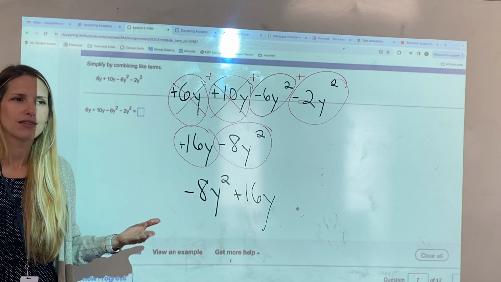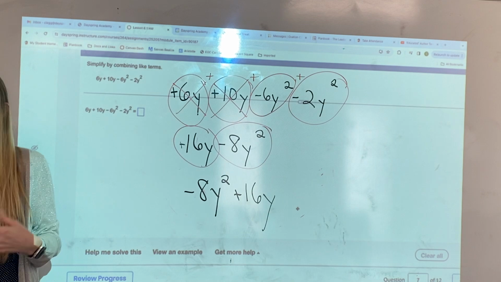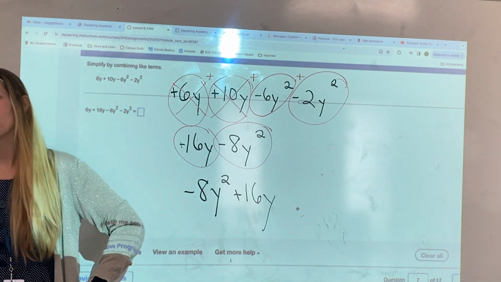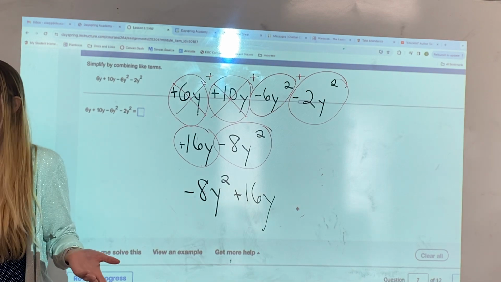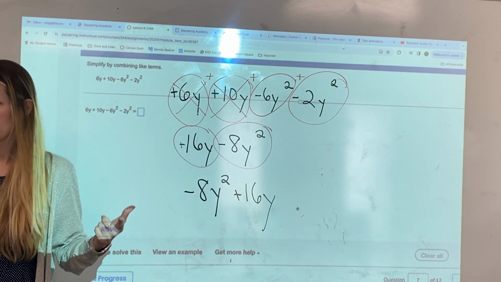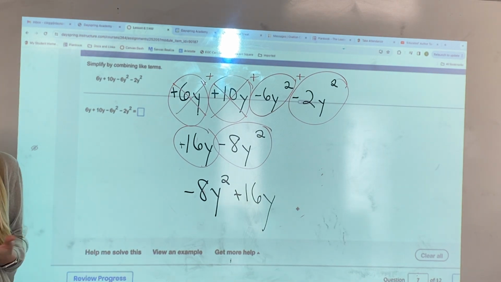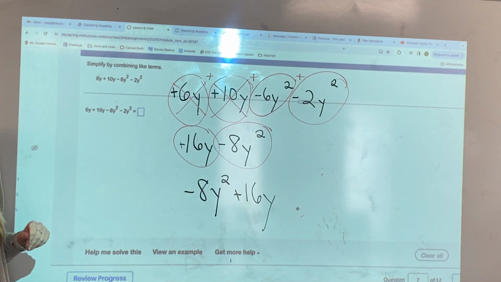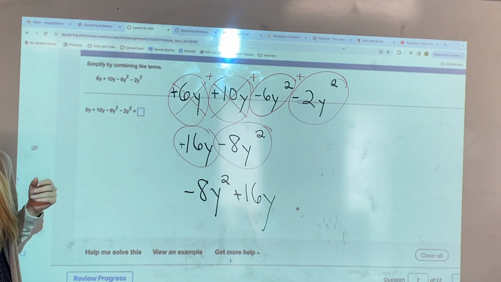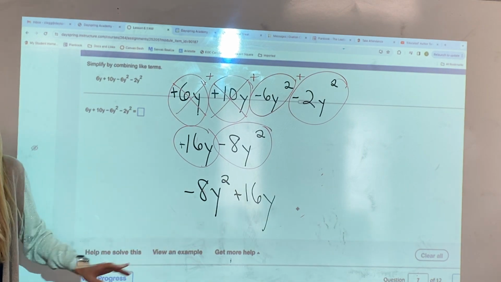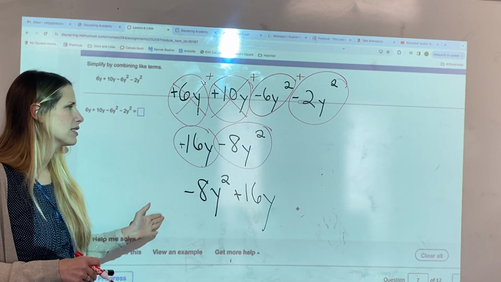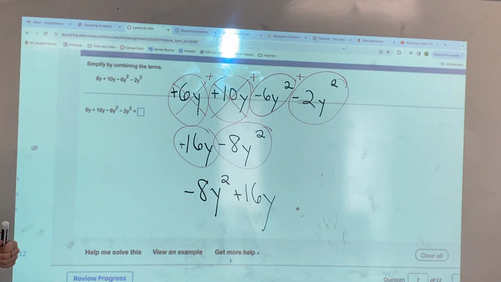Then find the next greatest exponent. So if you have y to the 4th and y to the 3rd and y to the 2nd and then just y, start with your y to the 4ths. Then do your y to the 3rds, then do your y to the 2nds, and then do your y's, and then your constants. So if you don't do it like that, then you'll simply need to just rearrange and make sure everything is in order from greatest to least exponent. Does that make sense?